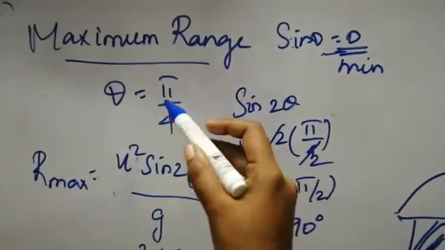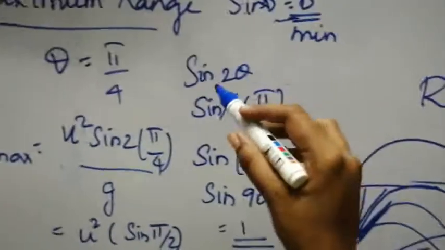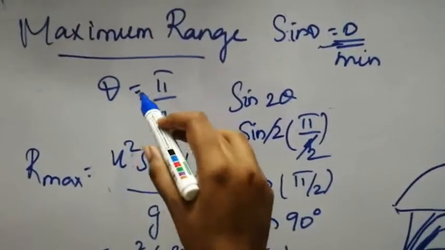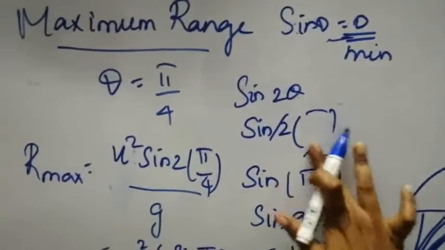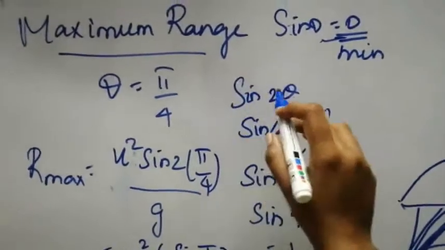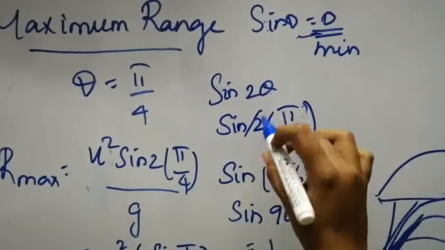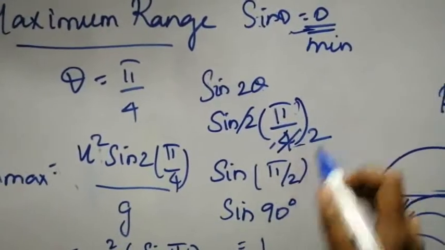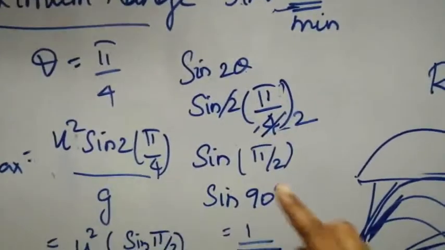So see, when theta is equal to pi by 4, what you have is sin 2 theta. When you substitute theta as pi by 4, instead of theta it is pi by 4. So sin 2 pi by 4. 2 and 4, the 2 gets cancelled. Then it becomes pi by 2. So sin pi by 2.